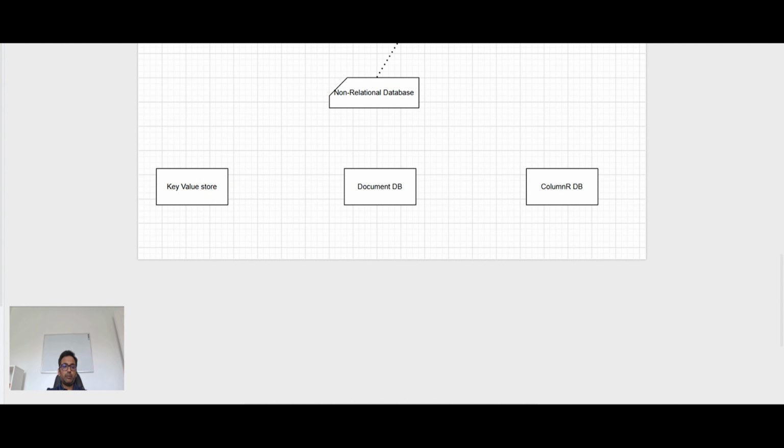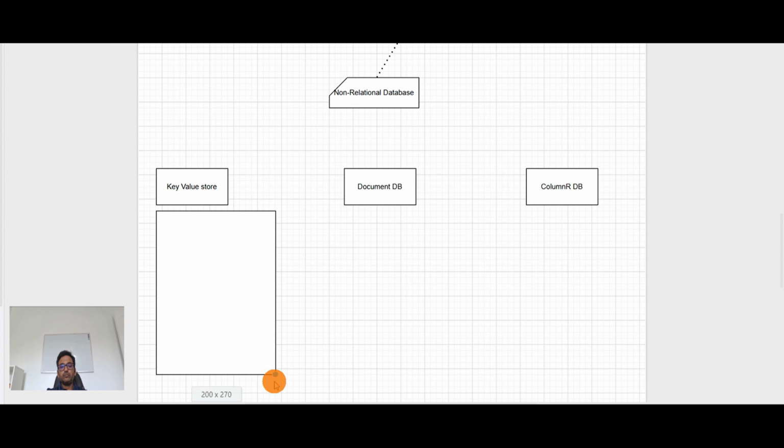For example, if I talk about key value databases, there is DynamoDB, one of the most popular key value stores. DynamoDB is schemaless, it's a paid service, and the max size of an object it supports is up to 400 KB.